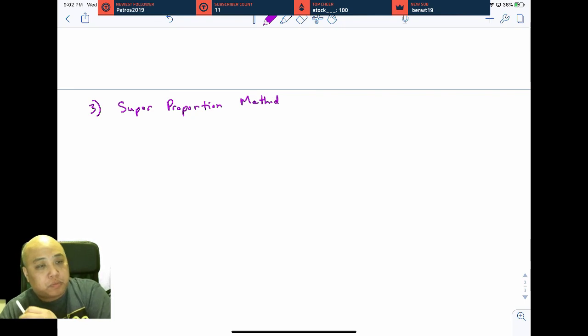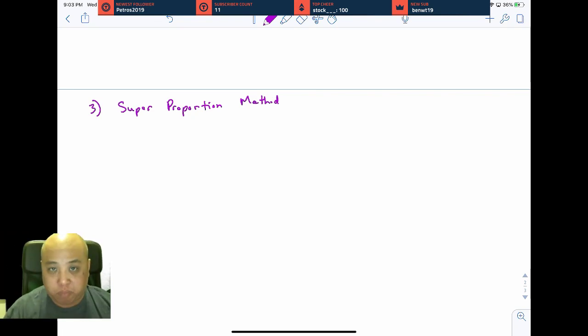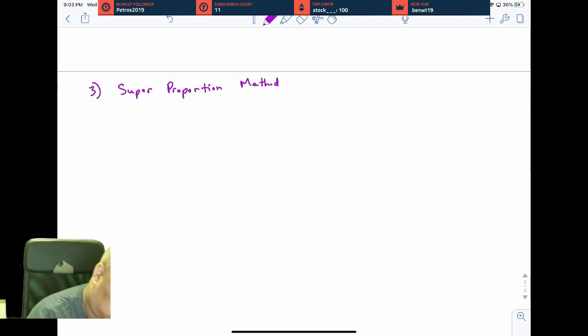The super proportion method is kind of like the proportion method, but instead of doing little pieces here and there, you have the same proportion every time, and your job is to make things fit into that proportion. What I mean is this.